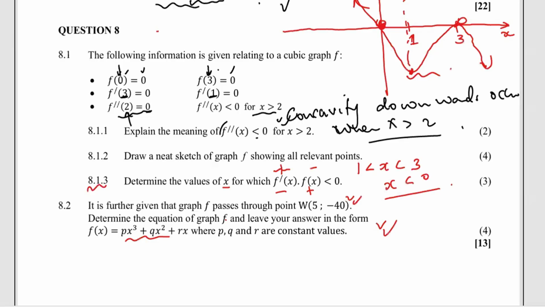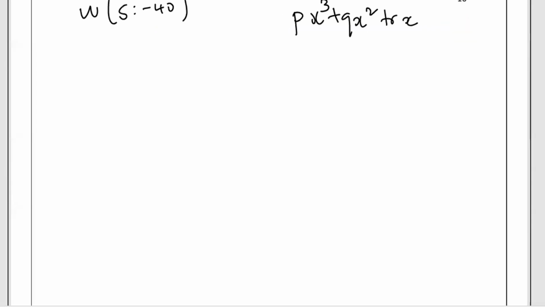So we know that the general format of a cubic function should be ax cubed, and so they give us px cubed, plus qx squared, and then plus rx plus a constant, which automatically is 0.